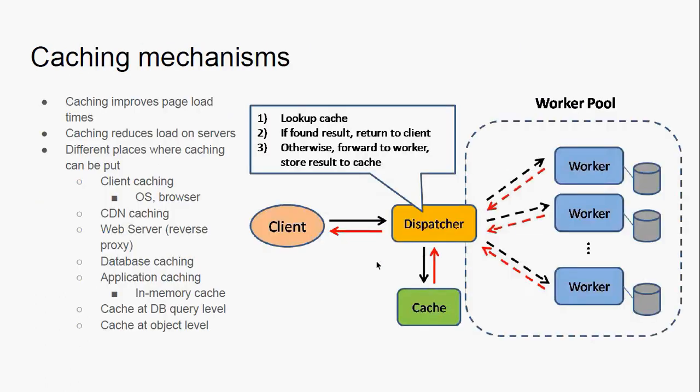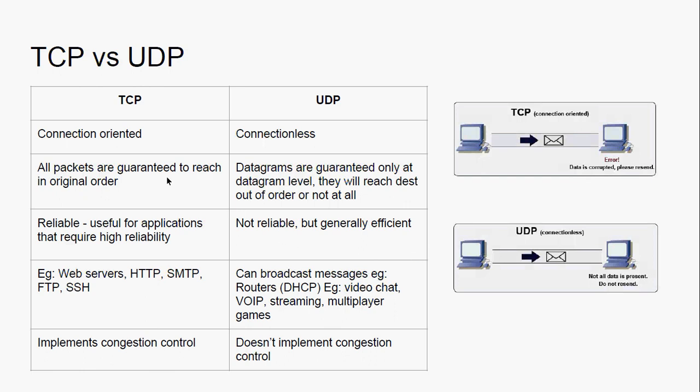Let's come back to this comparison. When do you use TCP and when do you use UDP? Whenever you are looking for high reliability, TCP is a good candidate, and it's always connection oriented. When I say connection oriented, in TCP the data is in the form of packets.